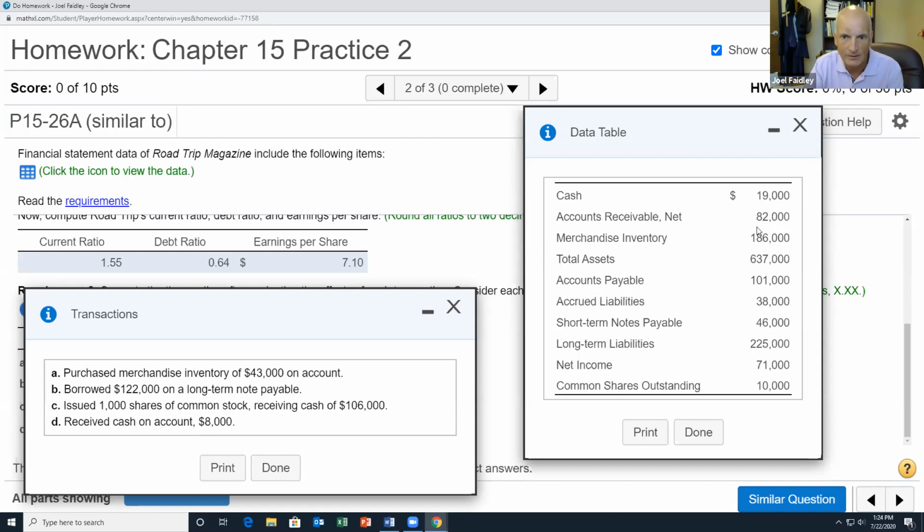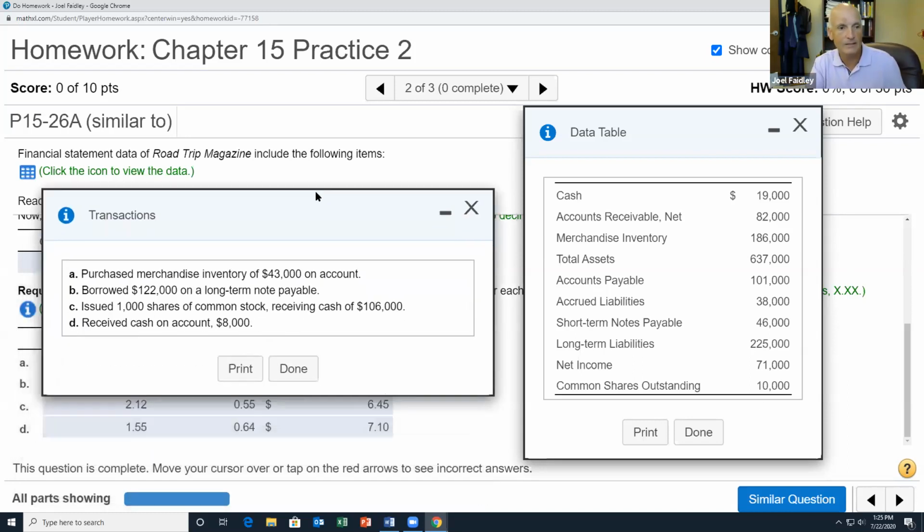So that encompasses all this that we just had in. So 637 is my, I got that reversed. Your assets go on the bottom, the 410 goes on top. Sorry about that. So 410 divided by 637 is 0.64. Yep. And then earnings per share is net income divided by 10,000 shares outstanding. 710, right? 71,000 divided by 10.